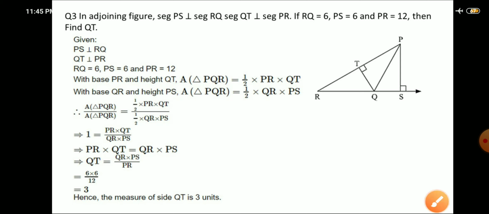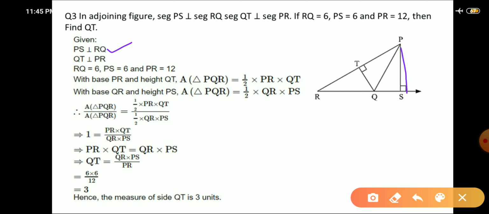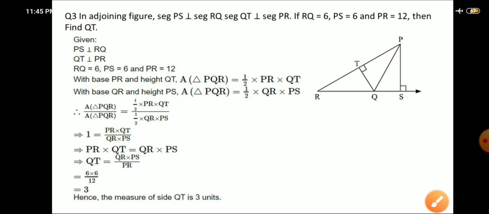In this figure, given is PS is perpendicular to RQ and QT is perpendicular to PR.